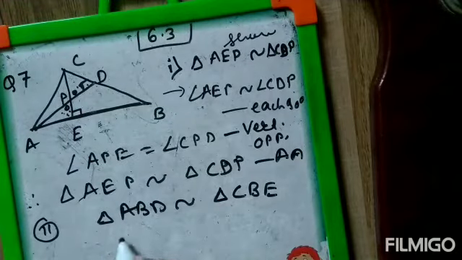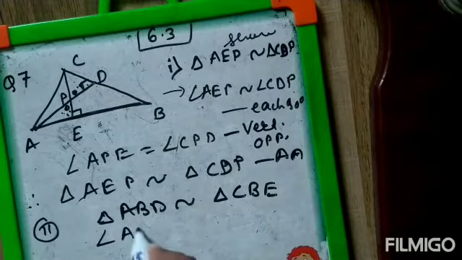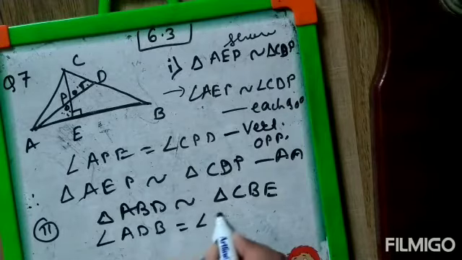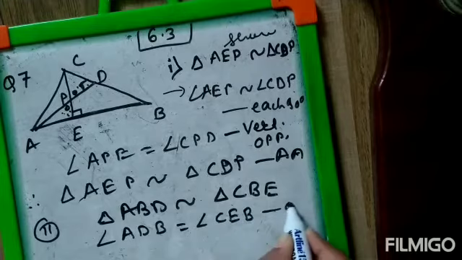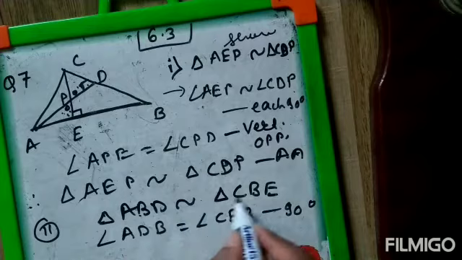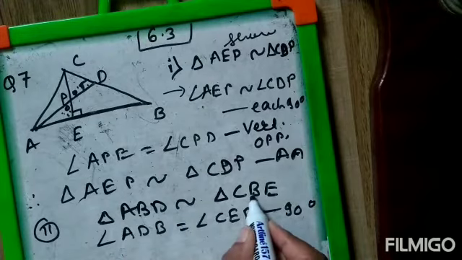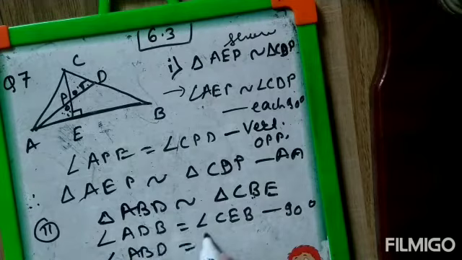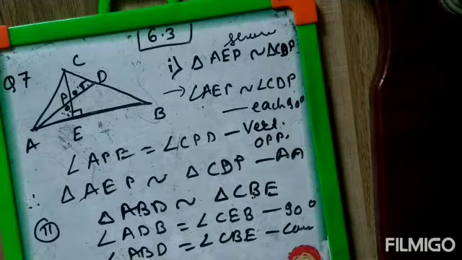So write down angle ADB is equal to angle CEB, each 90 degree. Now if you observe these two triangles, angle B is a common angle. So angle ABD is equal to angle CBE, common angle. So again by AA criteria, these two triangles are similar.